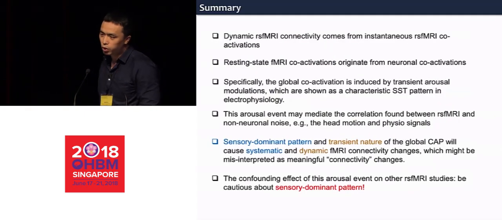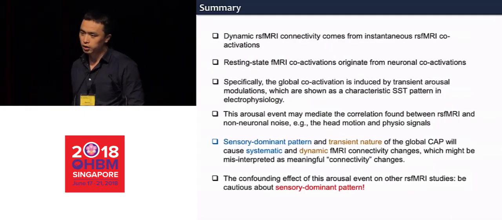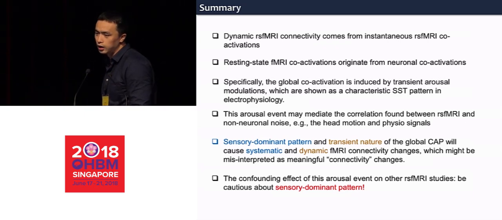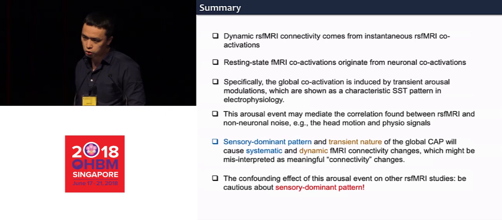In some way, the dynamic connectivity comes from instantaneous brain resting state fMRI co-activations. Those co-activations indeed come from neuronal co-activation. And specifically, those global co-activations are induced by transient arousal modulation, which shows up as the slow, transient events in the electrophysiology signal.